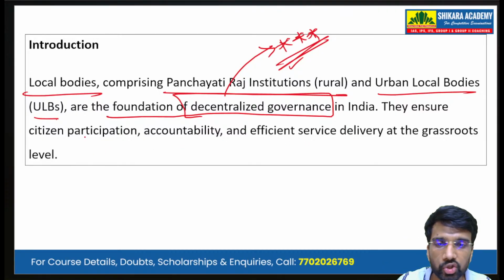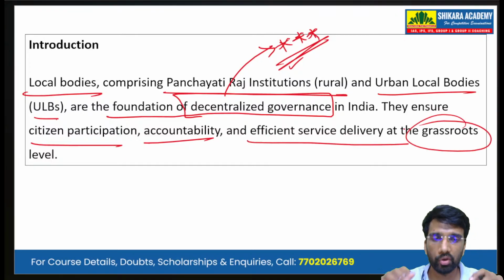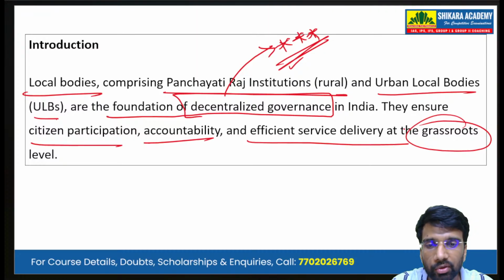The significance is that they ensure citizen participation, accountability and efficient service delivery at the grassroots level, because it is at the local level. So these local bodies are best placed to enhance citizen participation in the process of governance and to increase accountability.